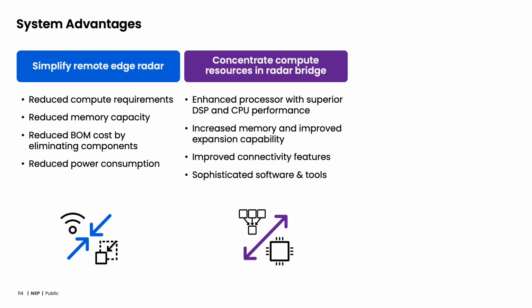Now, we still need DSP and memory to complete the radar signal processing chain, but we have an opportunity in the radar bridge to elevate that, to concentrate the resources there. We can use much more powerful SoCs with expandable memory, DDR DRAM, multiple DSPs, multi-core MCUs and MPUs here. And we can share those resources amongst the data that's aggregated from multiple remote edge sensors. That's the point.